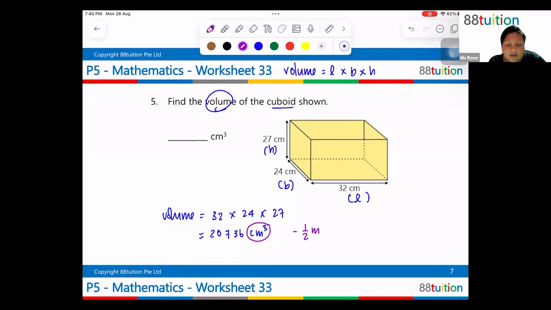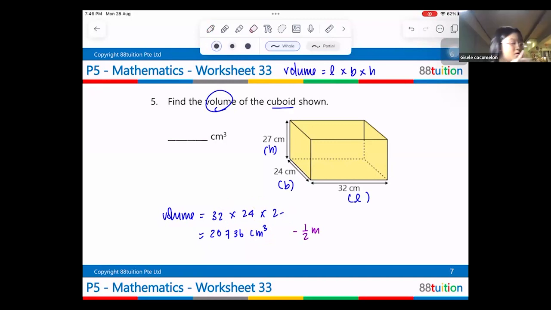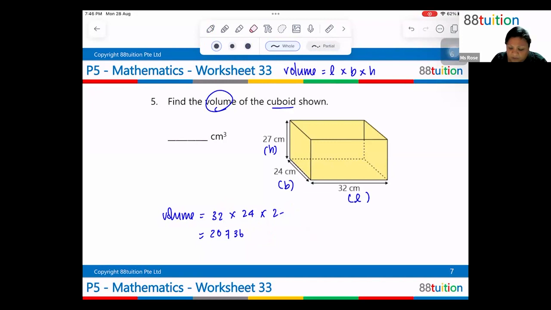They will minus half a mark when you do it this way. If you want to put in the units, you have to make sure that all of this must also have your units. Otherwise, do not put any of these units, so they won't minus.